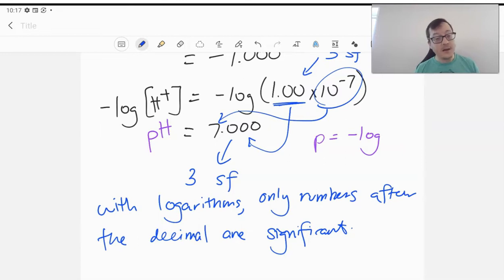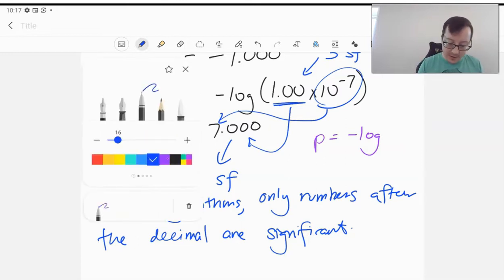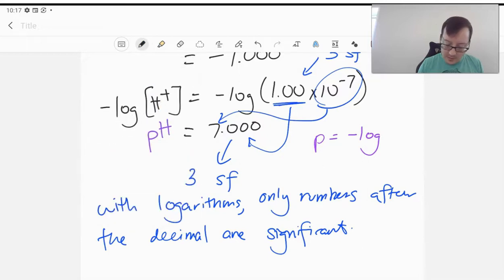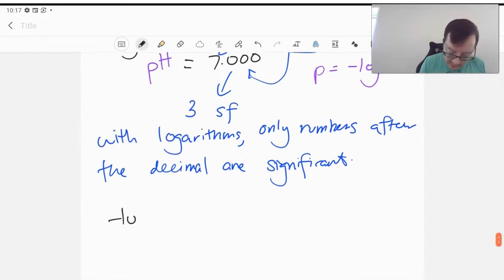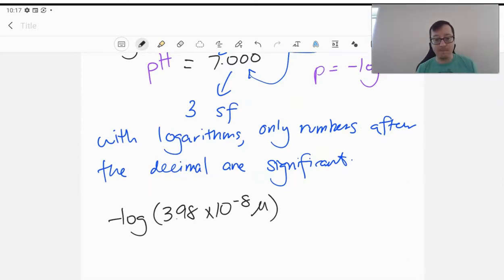That aside, we can go ahead and take a look at the negative log of some of our other values. Say if we do the negative log of 3.98 times 10 to the negative 8th, which was our blood concentration of hydrogen, we get that the pH of this, which is the negative log of that number, will be 7.4.